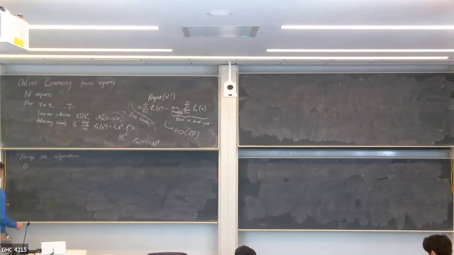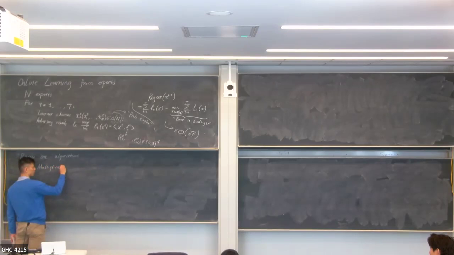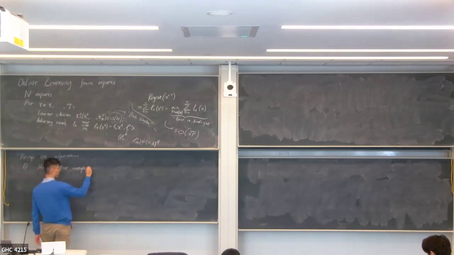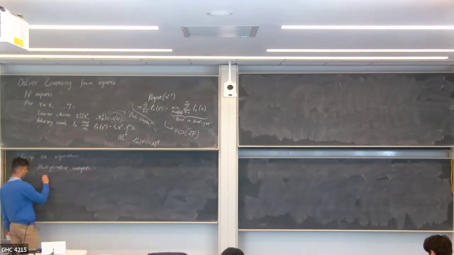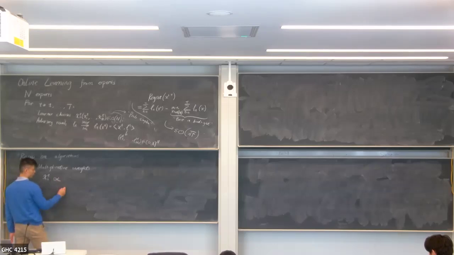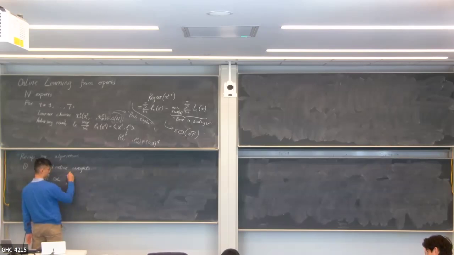One algorithm, often called the multiplicative weights update method, basically chooses the probability you place on the ith expert every day to be proportional to something that looks like this product.